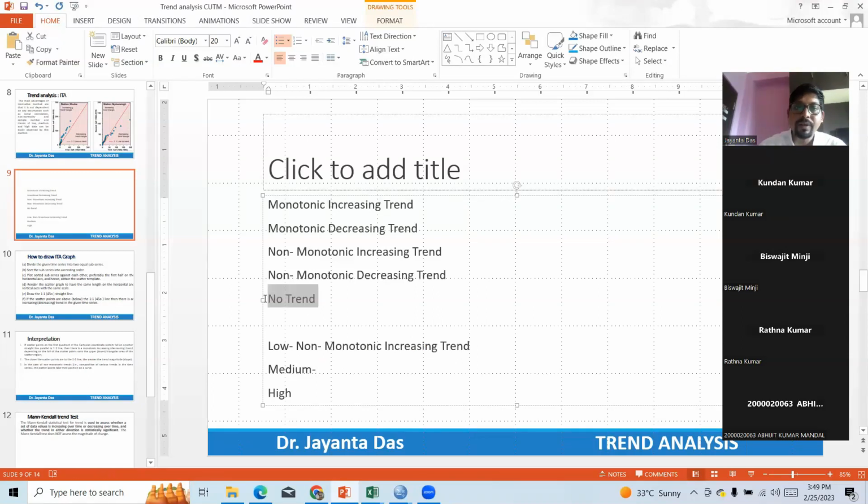In that example, low is a non-monotonic increasing trend, medium is no trend, and high is a monotonic decreasing trend.